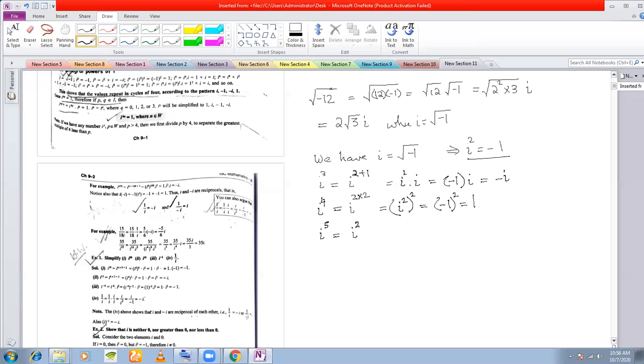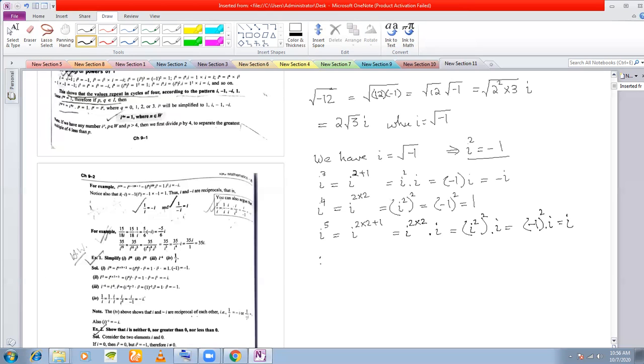You write this as 2 into 2 plus 1, i to the power of 2 into 2 into i to the power of 1. That can be written as i square square into i. i square can be written as minus 1 square into i. So that will become simply i.